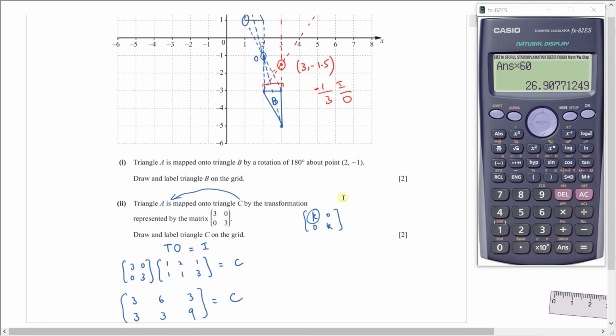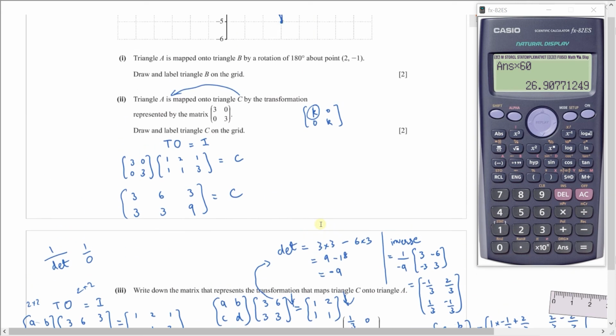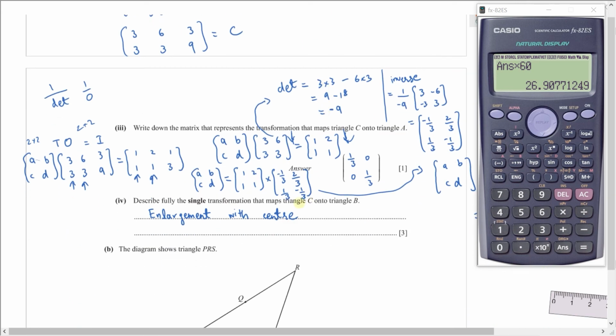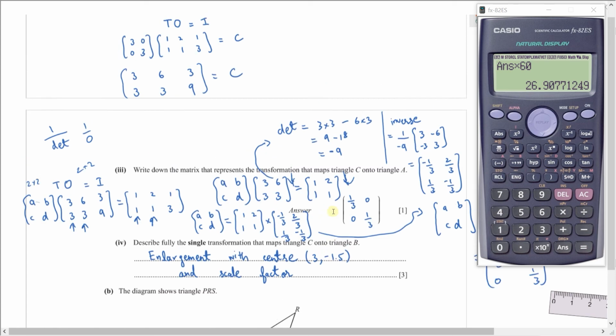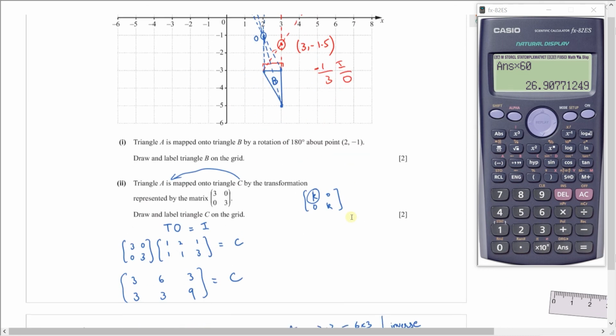So your final answer here is that the transformation is an enlargement with center 3, minus 1.5 and scale factor minus 1 over 3. So this is the single transformation that maps triangle C onto triangle B.